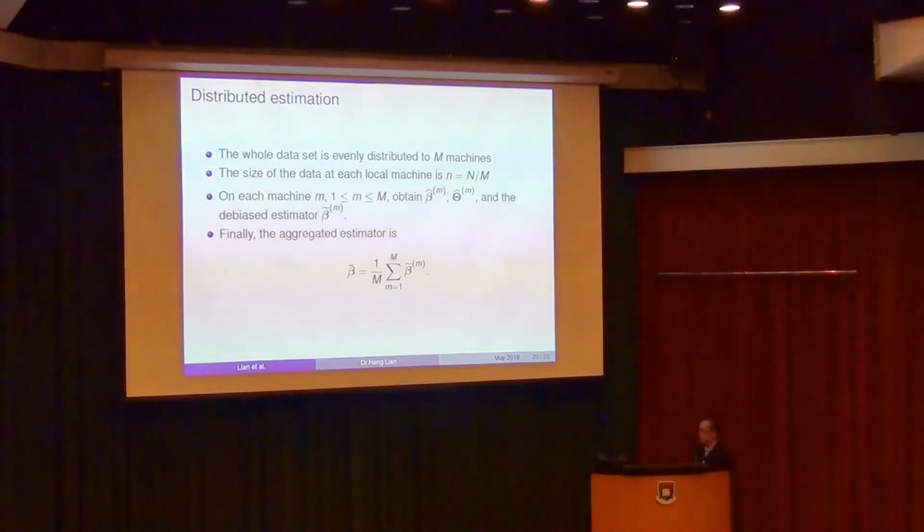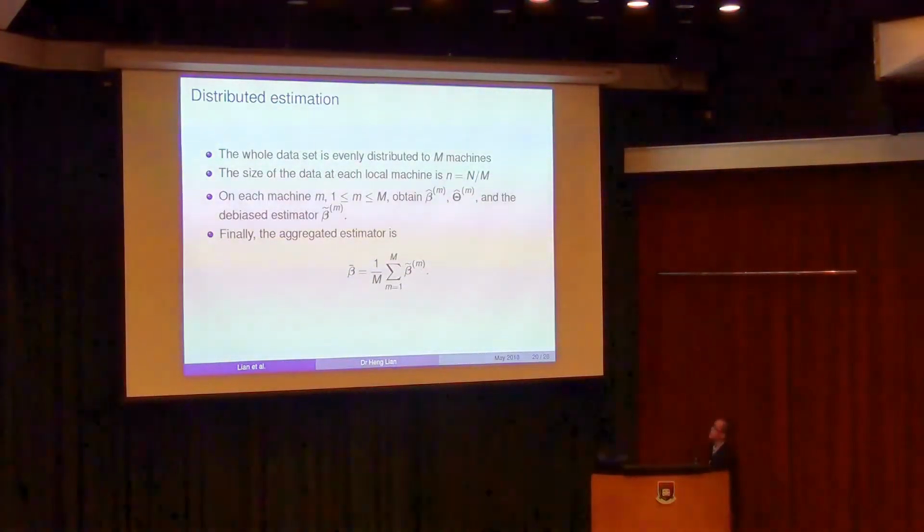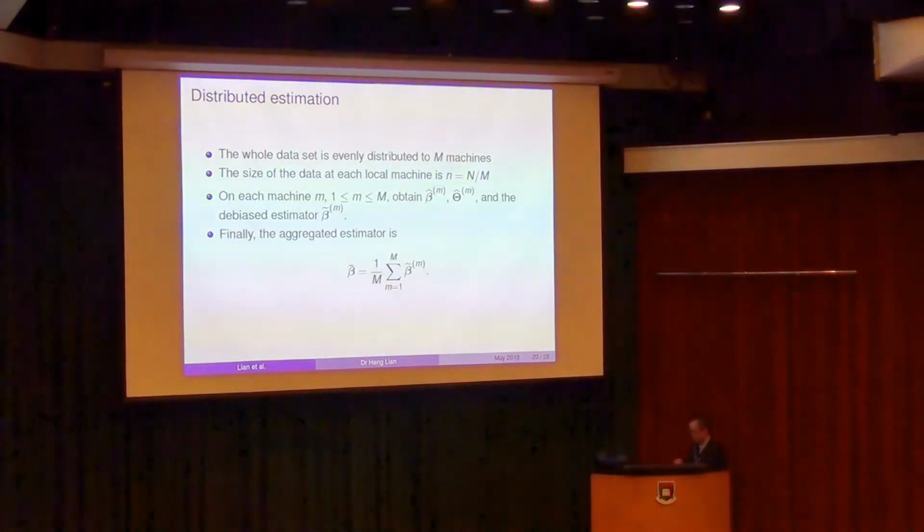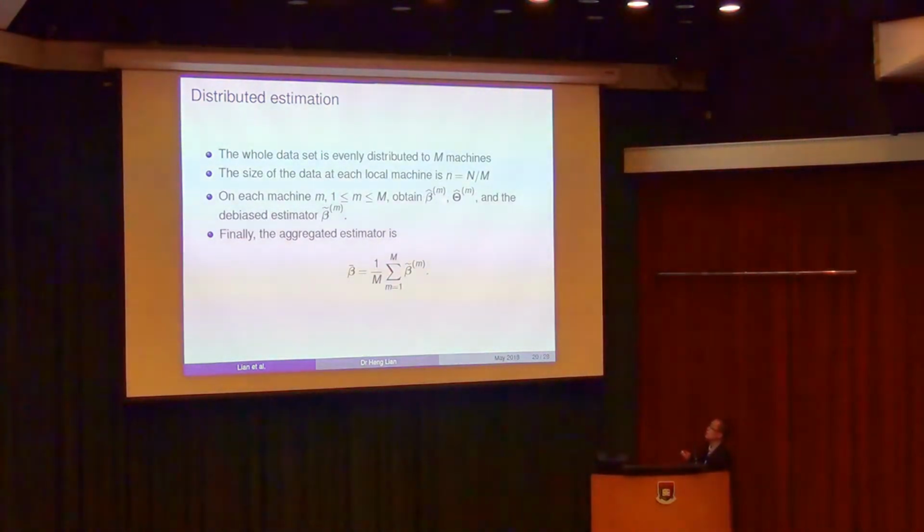So the size of the data at each machine is of course capital N over capital M, denoted by small n. So each machine deals with a subset of the data. Now on each machine independently they get some estimate of beta. So we use superscript to denote the estimate obtained by different machines. So you have beta hat, beta tilde.